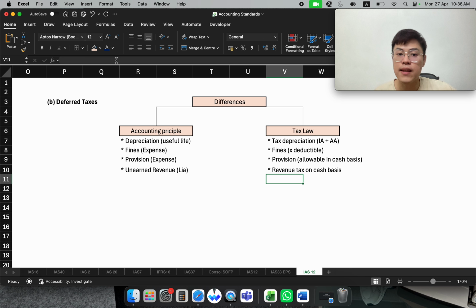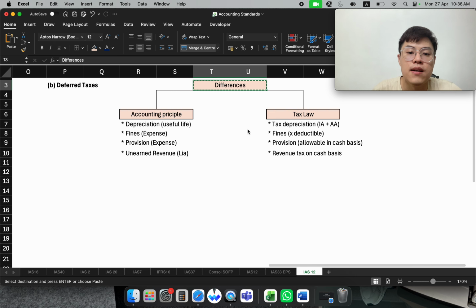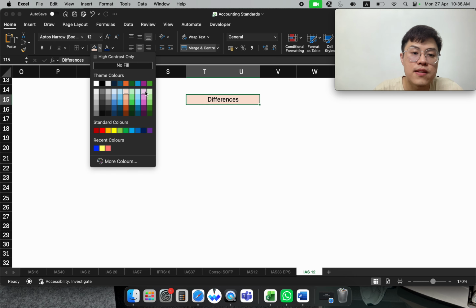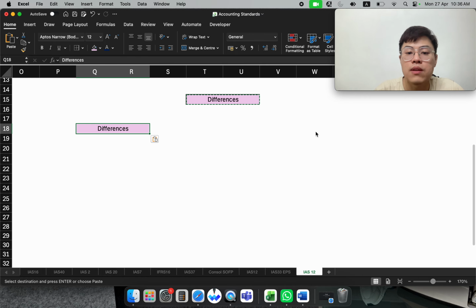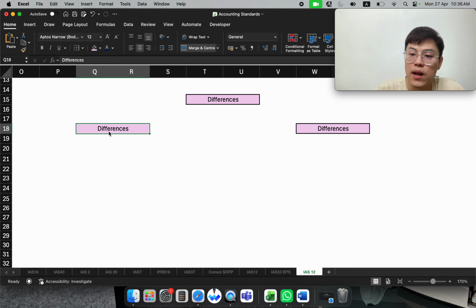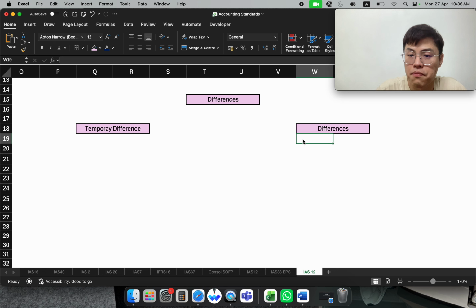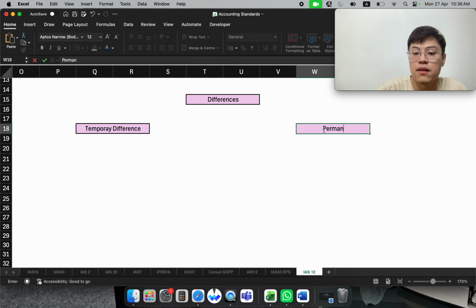So collectively, we can classify such differences into two broad categories. These differences can be two types. One is called temporary difference. One is called permanent difference.